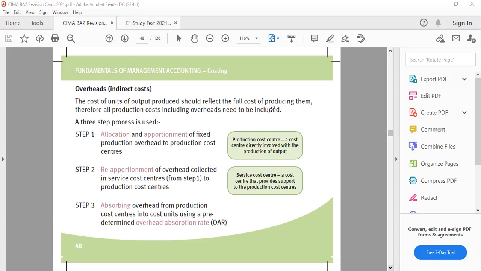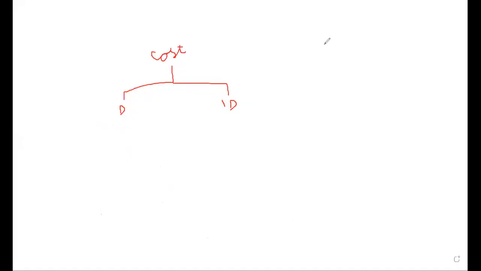What does it mean? It means that one of the objectives of cost accounting is to determine the cost price per unit. How do we find out the cost price per unit? Cost per unit is equal to total cost incurred for the production of a product, total cost divided by the number of units.